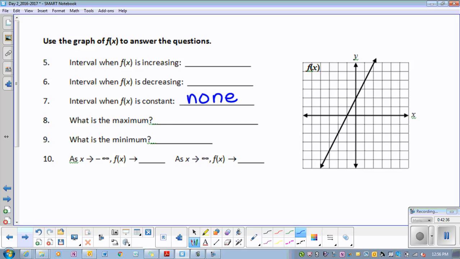Horizontally straight. And then it's saying interval when f of x is decreasing. Guys, is this graph from the left to the right, is it going down and decreasing at all? No, right? It's not decreasing, so this is none.